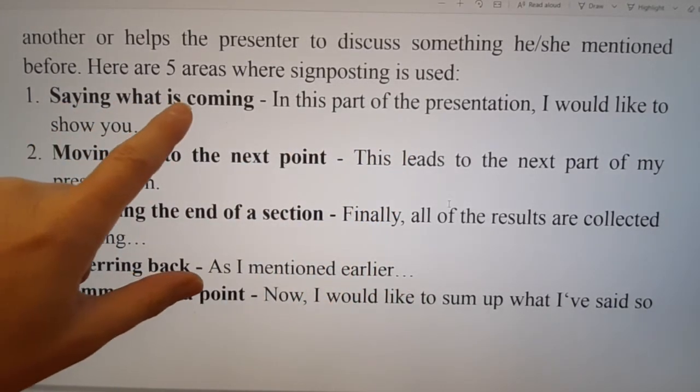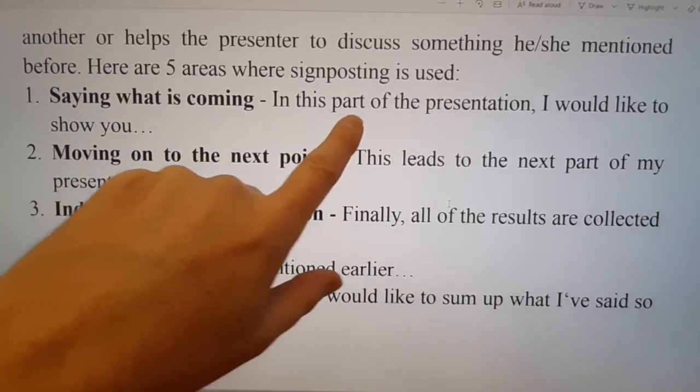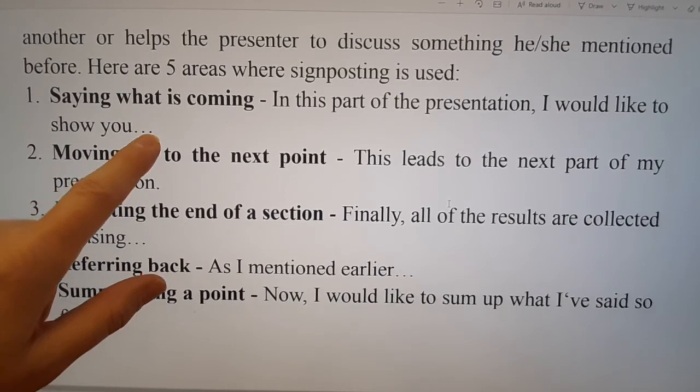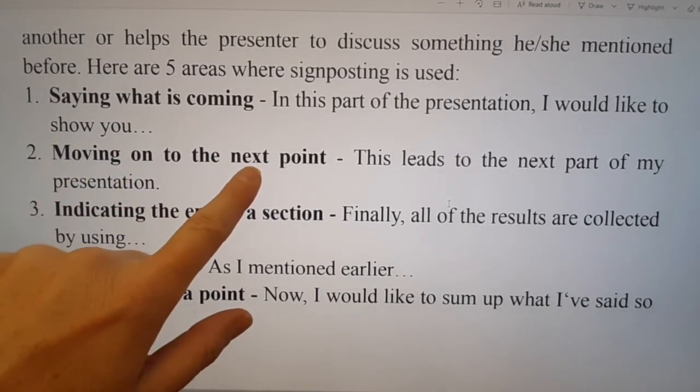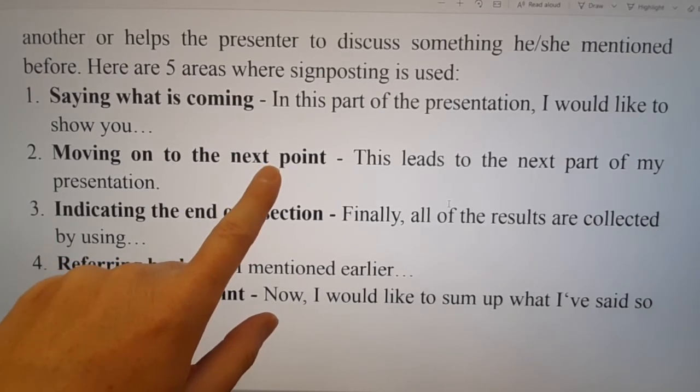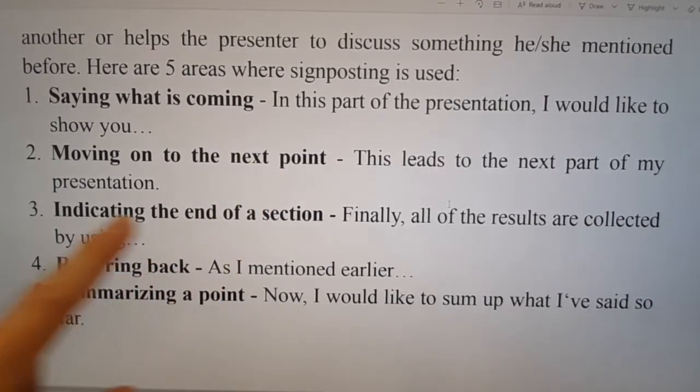Okay, so you need to indicate what is coming next. So in this part of the presentation, I would like to show you, and so on, or moving on to the next point. Okay, so this one, even the other speakers in the videos used it.